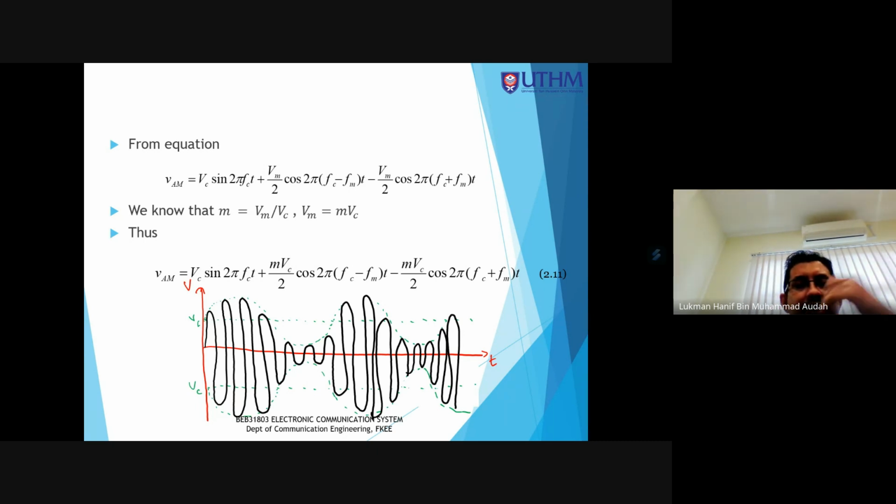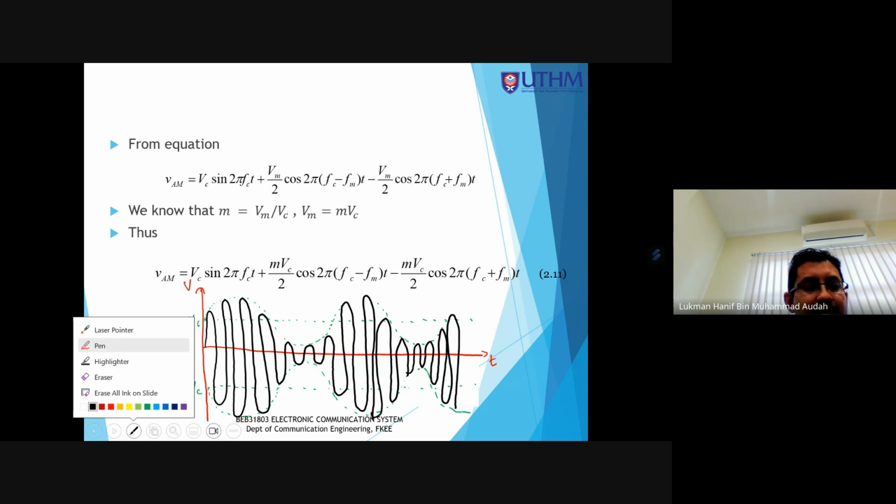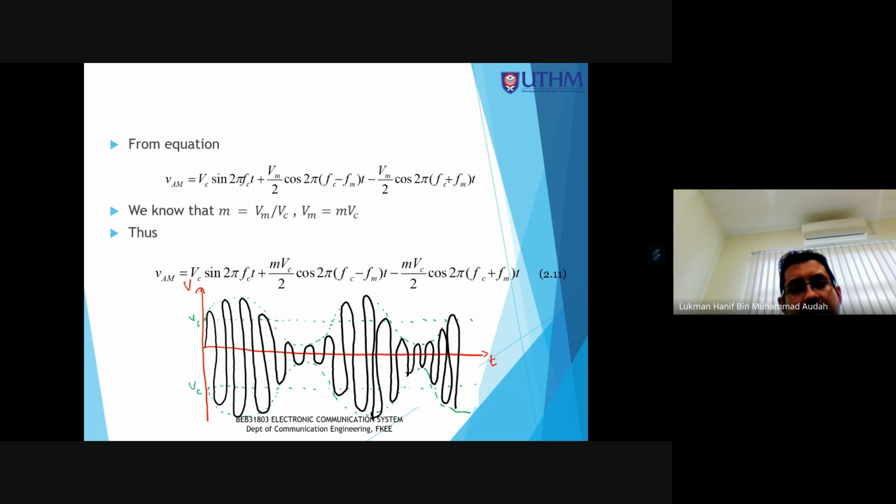When you draw like this, I want you to label. First, you have to label the axis. Then you can label other things. For example, you can label the maximum value over here, which is the Vmax. So Vmax is the VC plus VM.